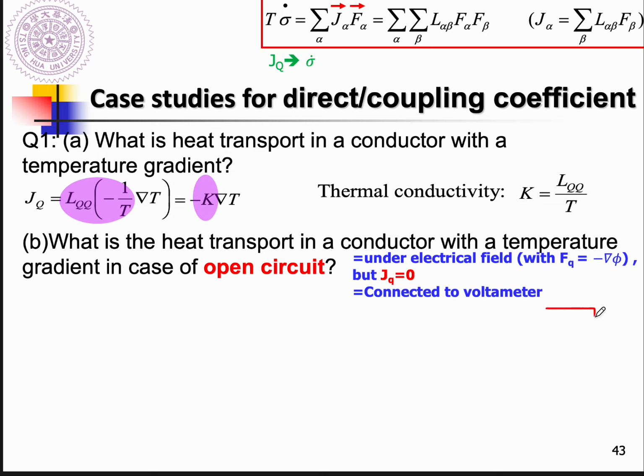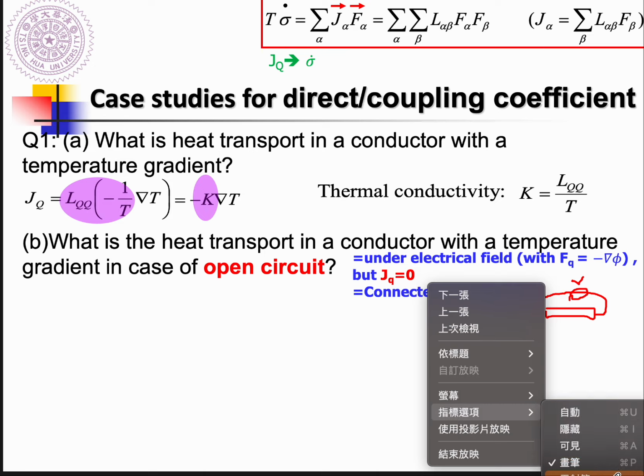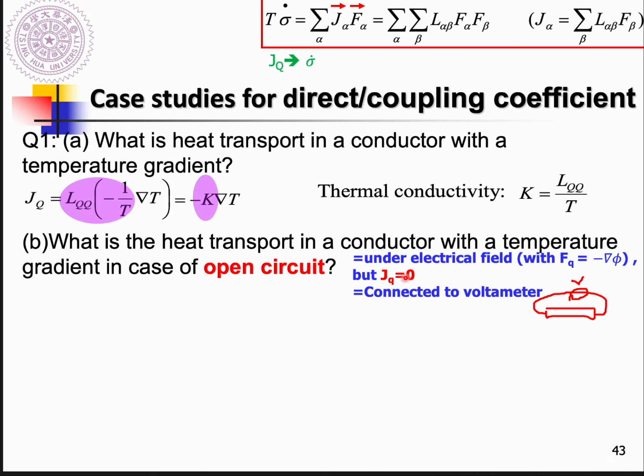So probably you will do this one, right? Consider this is a voltmeter. Okay, so there's a very large resistance inside the voltmeter, so the current density approaches 0. But actually, that is not so in this case.